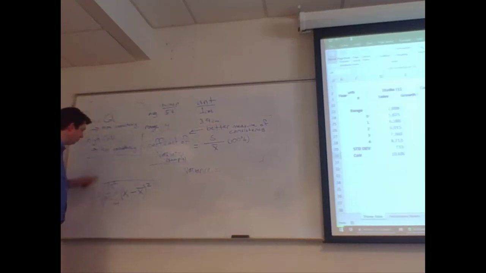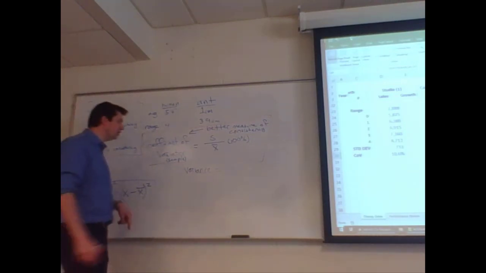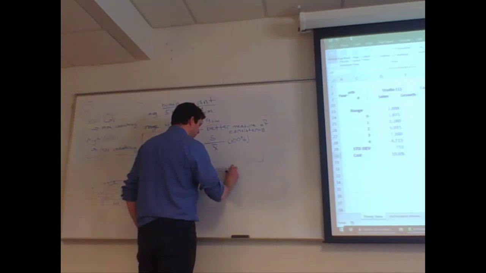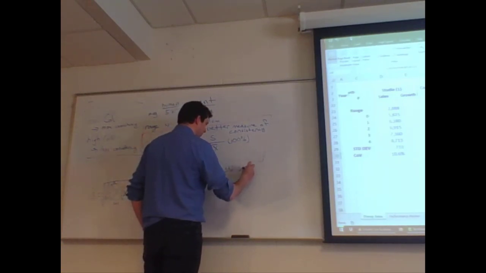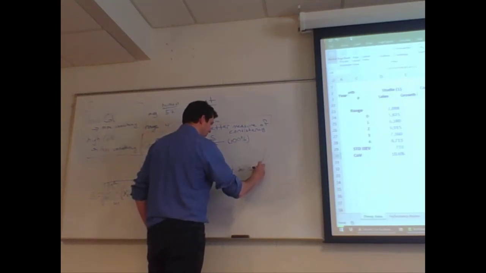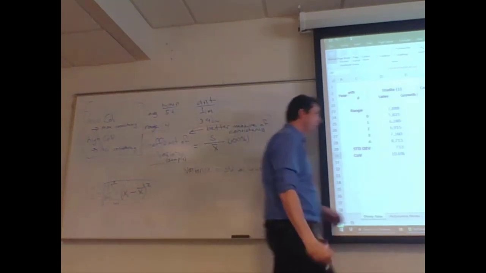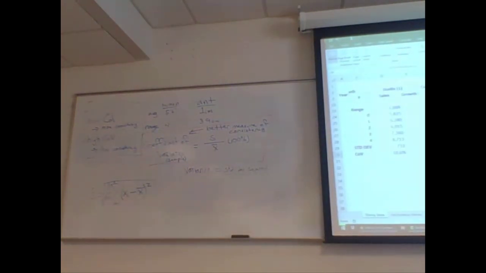You'll note that in this equation, we took the square root. If you don't take the square root, in other words, if you square standard deviation, it's just called the variance. That's just standard deviation squared.